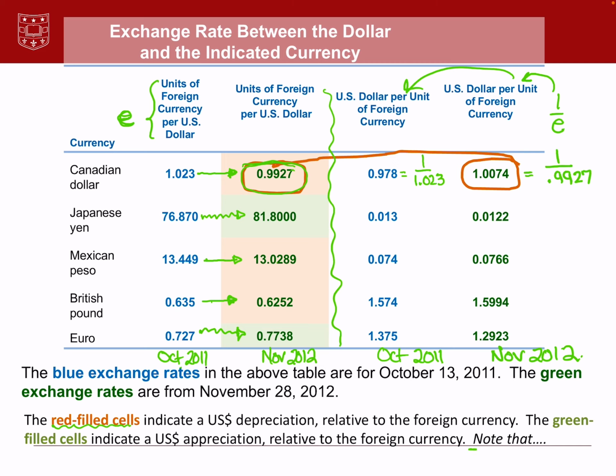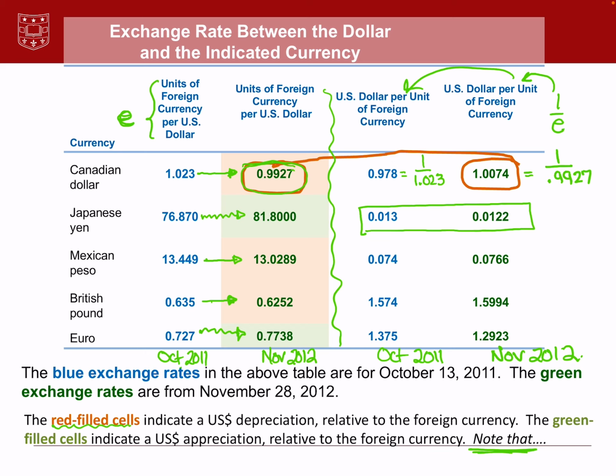And note that is just really saying the opposite, that when the dollar is appreciating relative to a specific currency, that other currency is depreciating relative to the dollar. So, for instance, we notice that the dollar is appreciating relative to the yen, and the yen is depreciating relative to the dollar.